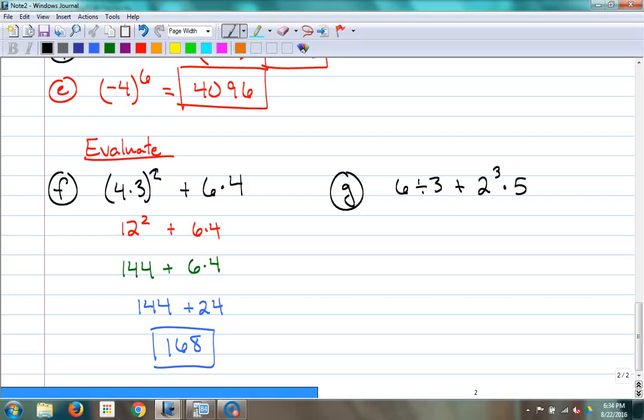The exponent. So 2 to the third power would be 8. And then the next thing would be left to right. Multiplication and division are the same level, so we're going left to right. So 6 divided by 3 technically happens next. But the 8 times 5 happens right after that. So that's 40. 42, right?